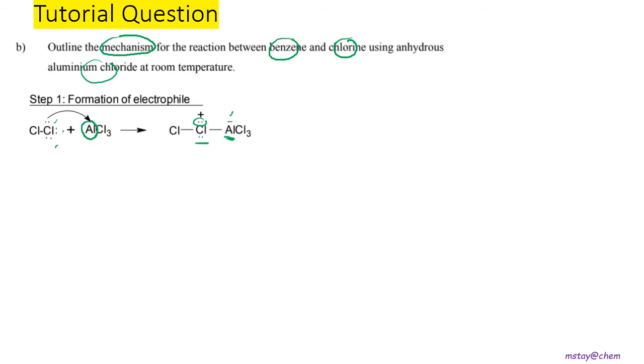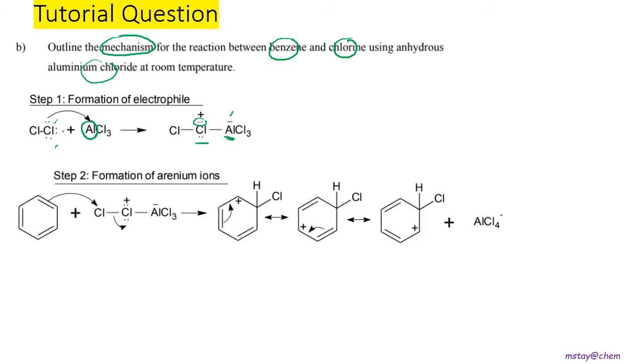So now we can proceed to step 2. This intermediate is very unstable. Then there is the attack of the pi bond on the electrophile, which means the pi bond here, which has 2 electrons, will be given to the Cl. So the Cl will break the bond here. It's heterolytic, so we use the full-headed arrow.